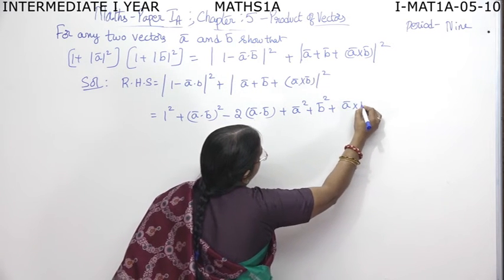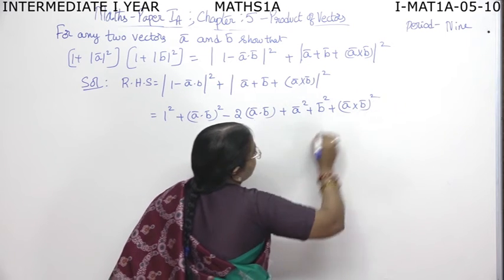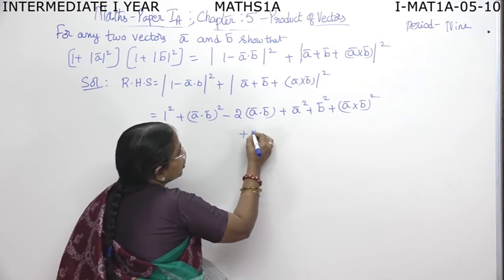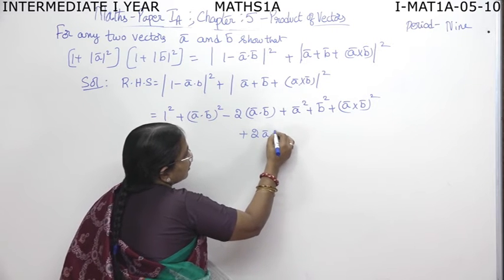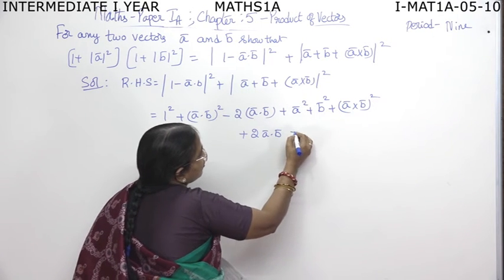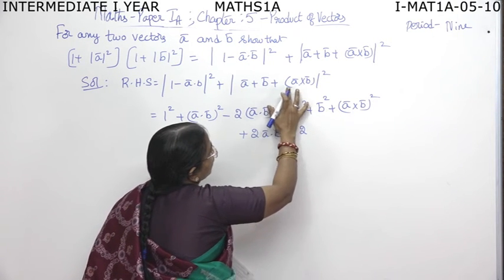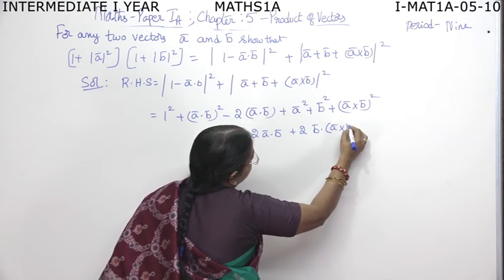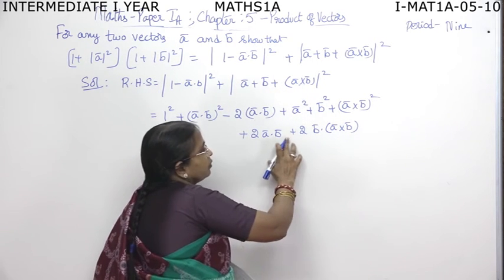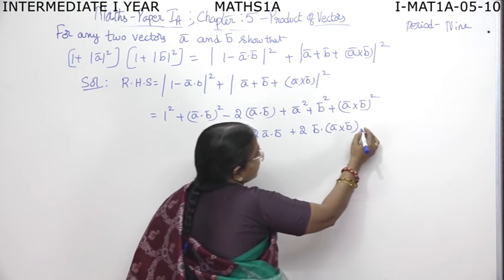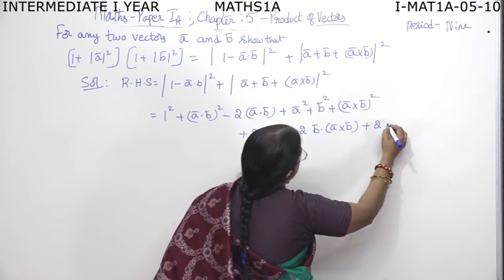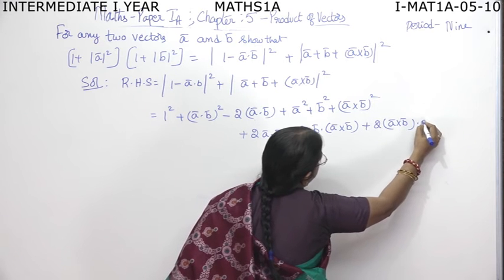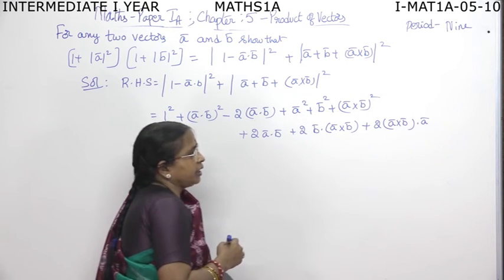C square means A cross B whole square. A square plus B square plus C square plus 2A dot B plus 2B dot C, so B dot A cross B, plus 2C dot A. C dot A means A cross B dot A.